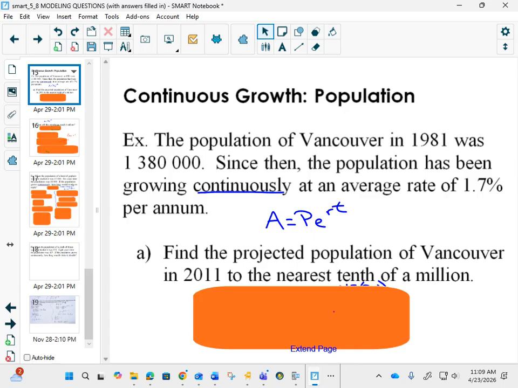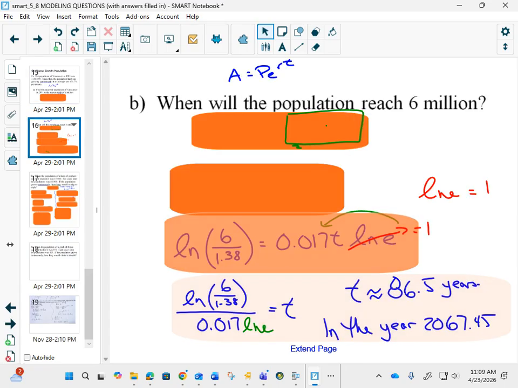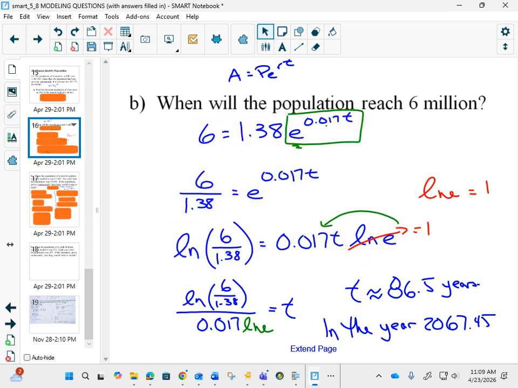If we added 86.5 to 1981, that's how we would figure out 2067. Oh, I swear the population of Vancouver was very small. Depends what they count as Vancouver. Like, do they count Vancouver as the Greater Vancouver area or just the City of Vancouver?